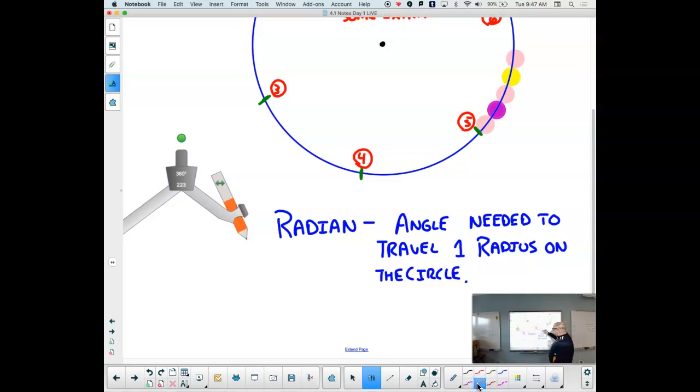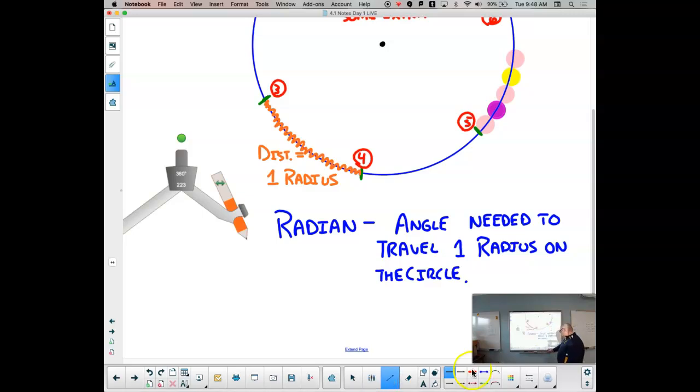So this distance right here between numbers 3 and 4, that distance right there is equal to 1 radius. Which means, let me get my... let's pick a color. Let's go with like that.